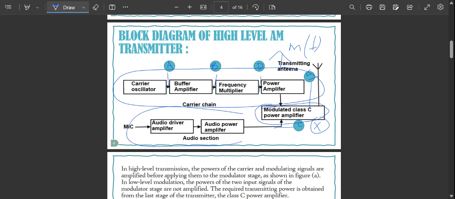And this thing over here that comes from the mic is the transmitting signal. And this is the cos omega ct. And from here we get the transmitting signal. I hope it's clear.